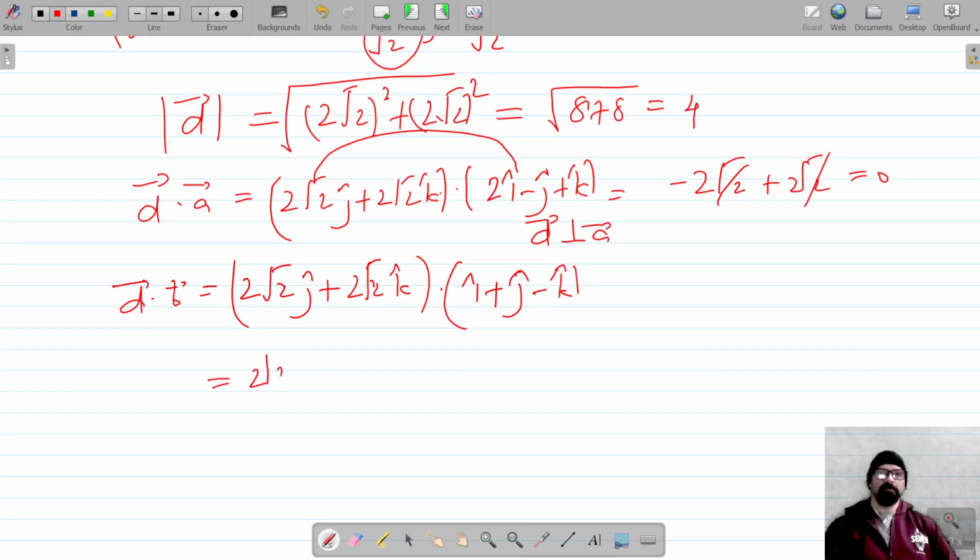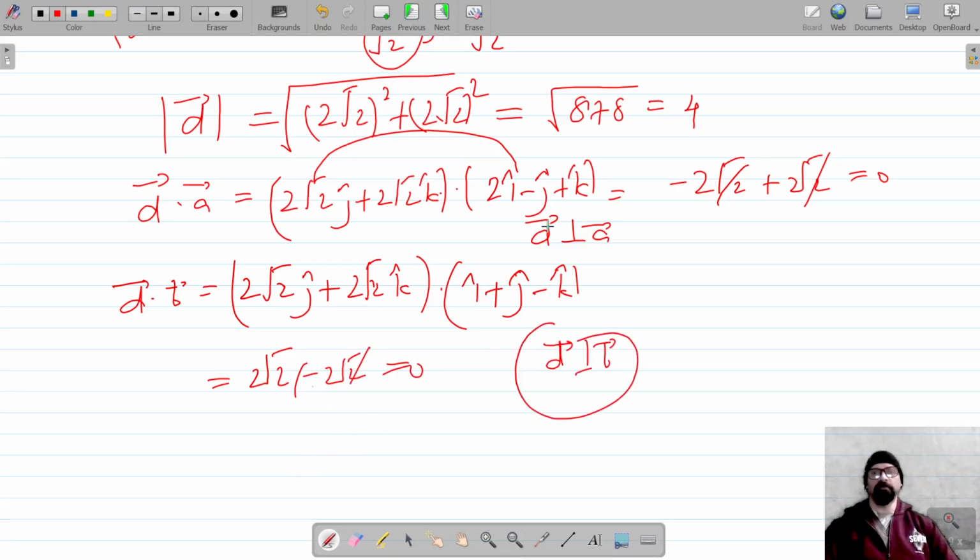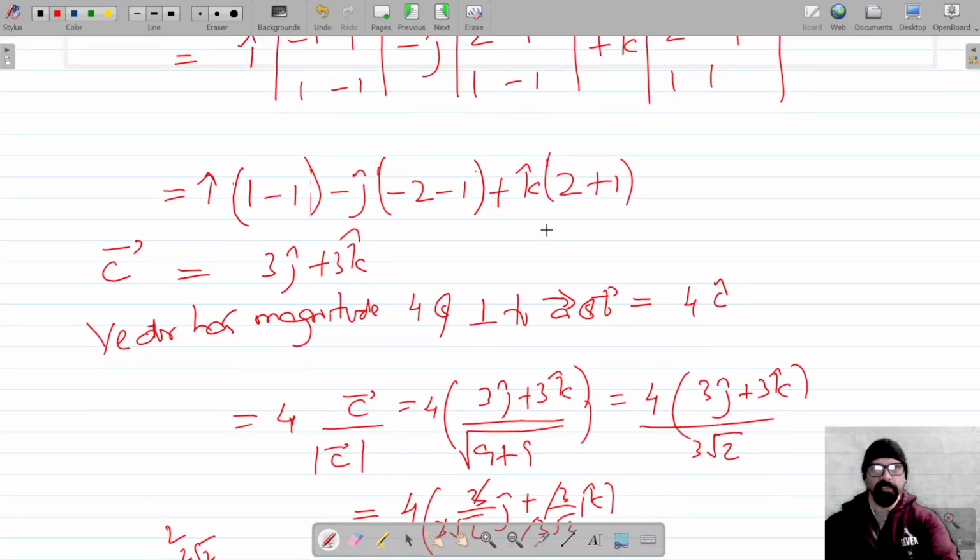And this is 2 root 2 minus 2 root 2, which is equal to 0. So that means D vector is perpendicular to B as well as A, and its magnitude is 4. That means we have verified the result.